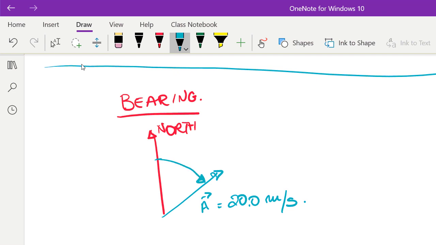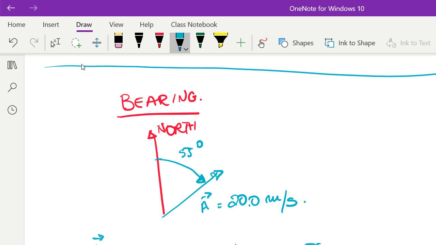This one here. If this angle, let's suppose, is 55 degrees, the way that we describe vector A is: vector A, so A with that little arrow on top is telling us that we are dealing with a vector, and we start with the magnitude along with the direction at bearing 55 degrees.